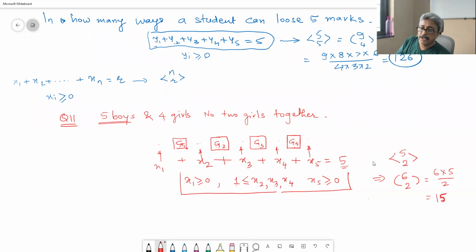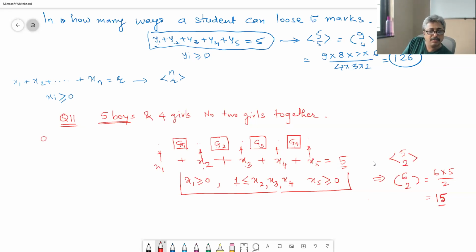In 15 different ways, you can write the sum of 5 numbers equal to 5, such that the second, third and fourth numbers must be 1 or greater than 1. I think it is easy to enumerate this 15. Let us try. First number can be 0.